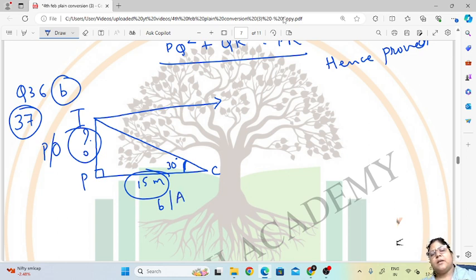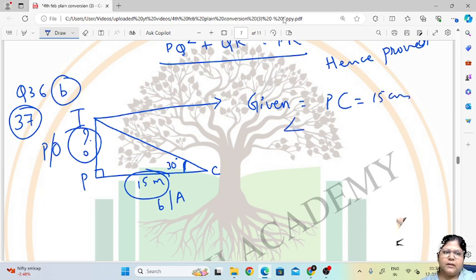So in the formula, what ratio gives us opposite and adjacent? That is tan. So if you apply tan 30 here, you will write all the given things. You will first write given PC equals 15, angle TCP equals 30 degree.